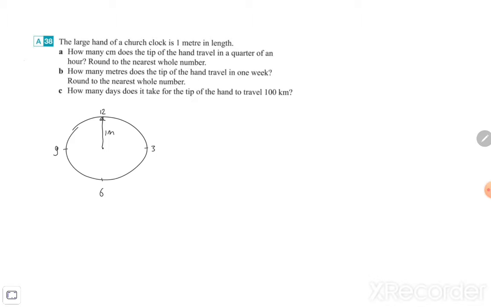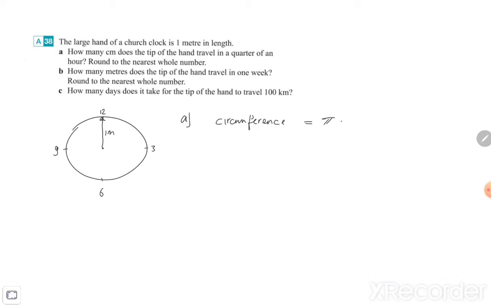Alright, so for exercise A, we're going to calculate the circumference of my circle. And why? Because if I have my circumference and divide that by 4, or multiply with 1/4, then you get a quarter of a whole hour. So the circumference is pi times the diameter.